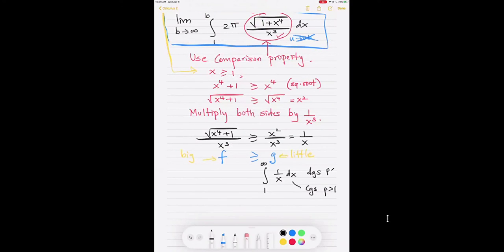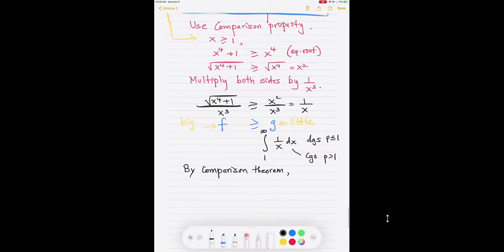It diverges when p is less than or equal to 1. So if the little guy diverges, then what about the big guy? So by comparison theorem, anybody ready to answer? Very good. So it diverges.